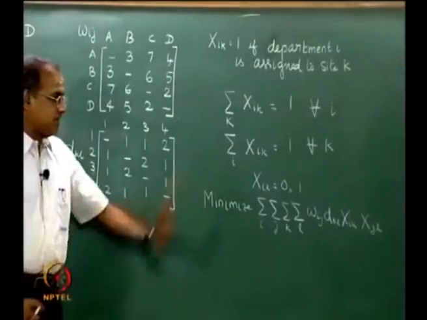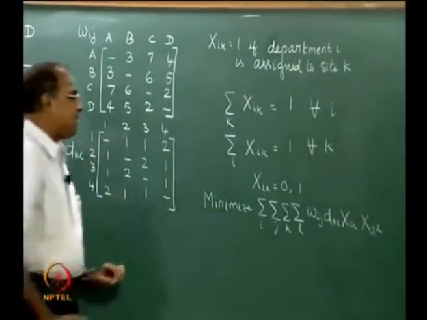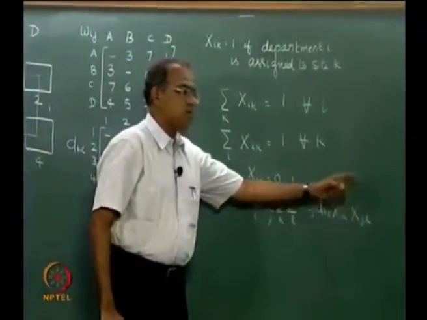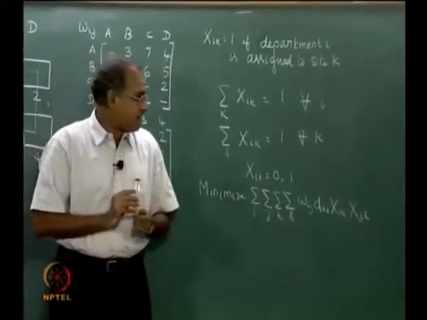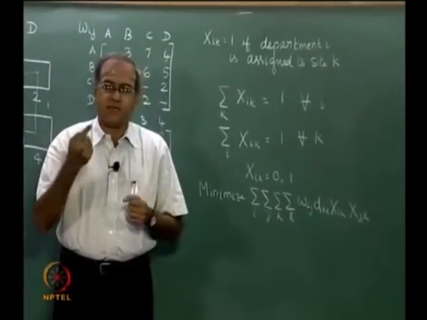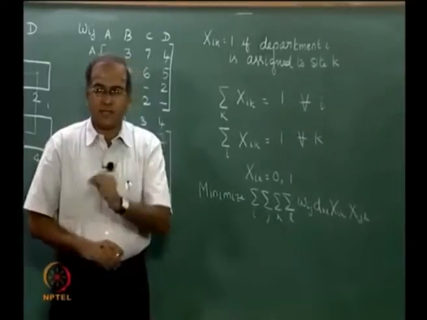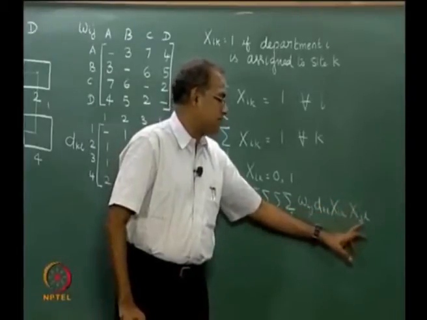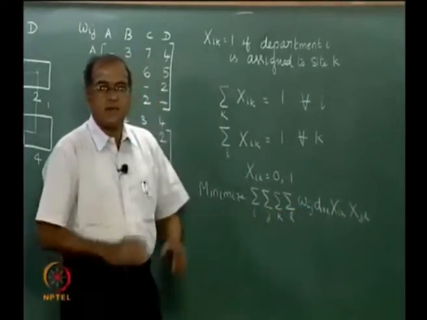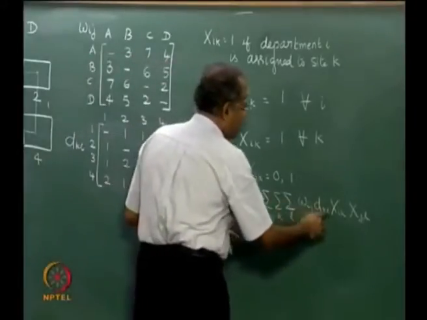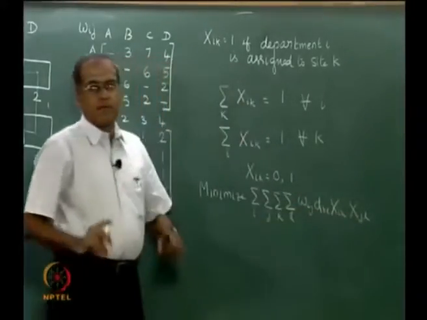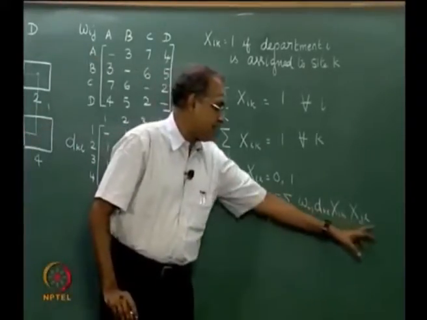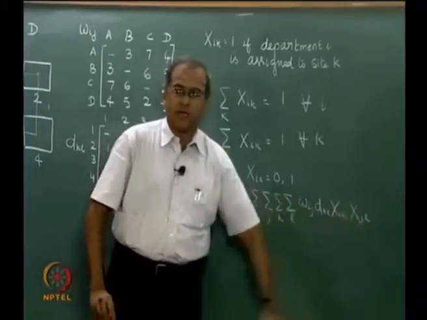Now, let me explain this objective function. If facility i goes to site k and facility j goes to site l, then the product xik into xjl will be 1, otherwise it will be 0. So, if facility i goes to site k and facility j goes to site l, then there is a material movement of Wij between facilities i and j, which travels a distance dkl from sites k to l.